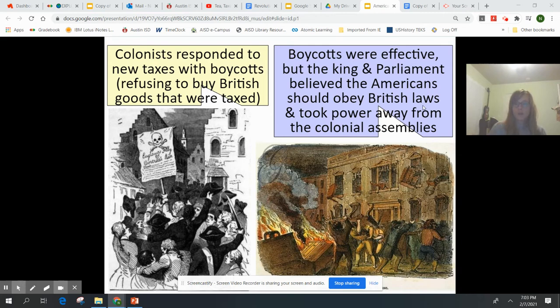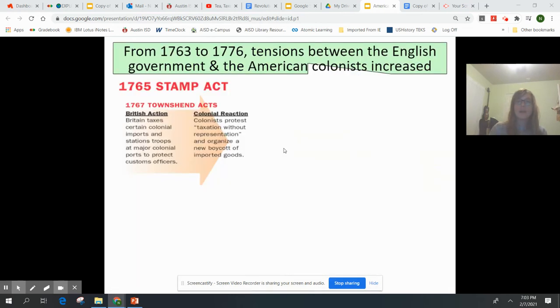However, eventually, through several disagreements and several conflicts, the British are going to take more and more power away from the colonists and start to have a heavier hand in activities that are going on in the colonies. Some of the events that are going to take place that increase tensions are the Stamp Acts, where basically all paper goods are taxed.